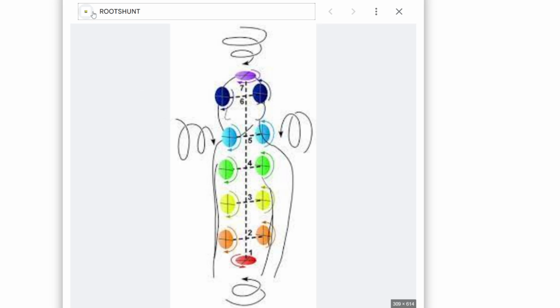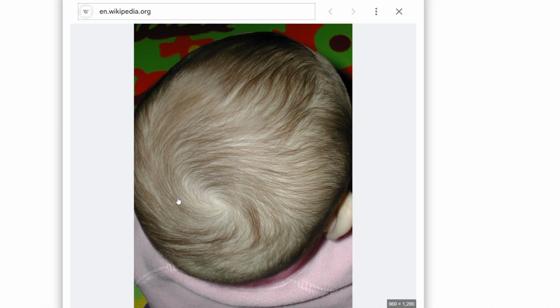At the time of childbirth, you might have seen that a lot of small children have this spiral on the head. There is also a common thing, if you know, that this top part of the head is very soft. When the child is born, there is a skull all over the place, but at the center part the skull is not there. The bone is not there, skin is there, but the bone is missing generally.